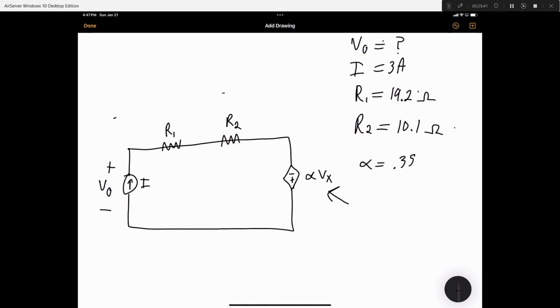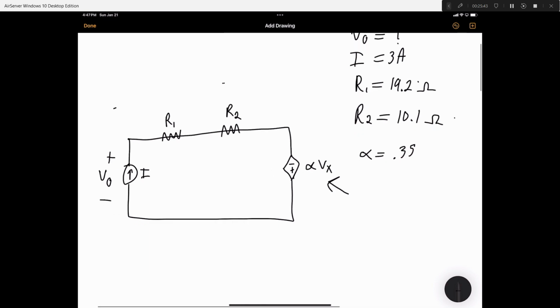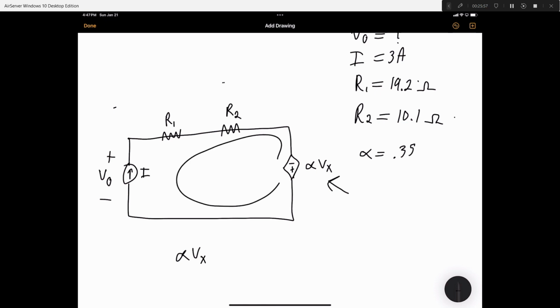We know this voltage, right? And we're given the resistance and we're given the current. That's all we really need. So we have alpha V of x, which is the first voltage. From positive to negative, we're going this way. I'm gonna make this negative so that when we add R1 and R2, they cancel out to equal 0. So plus R1 times the current.